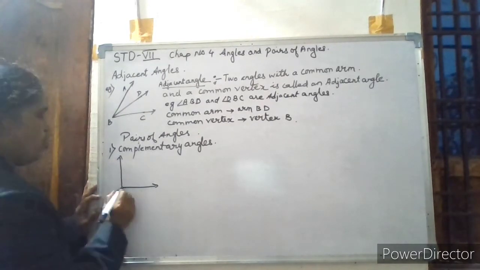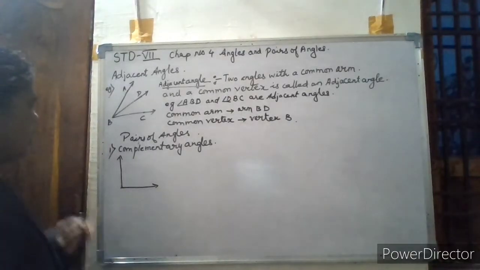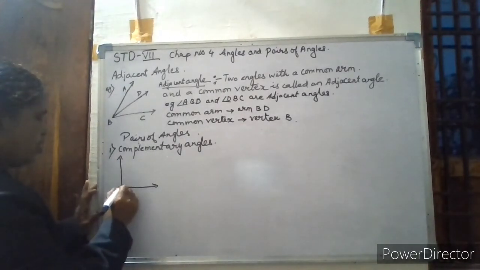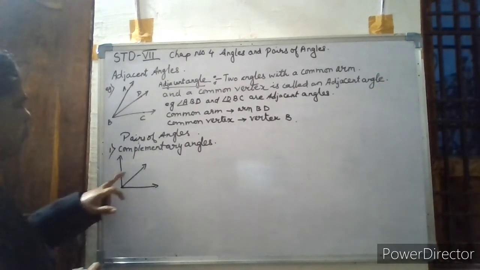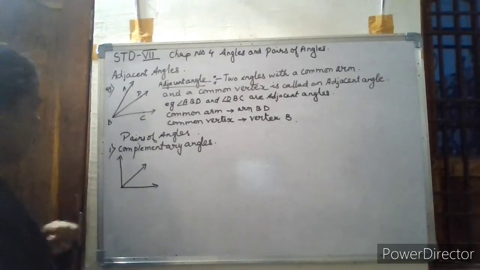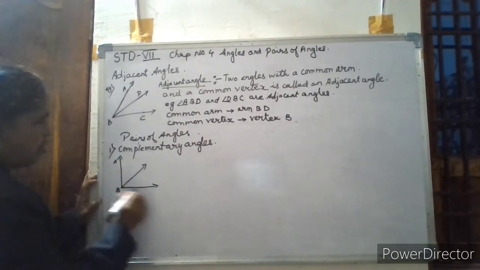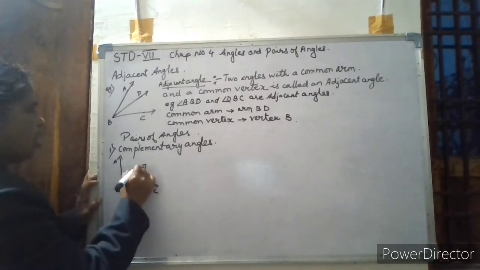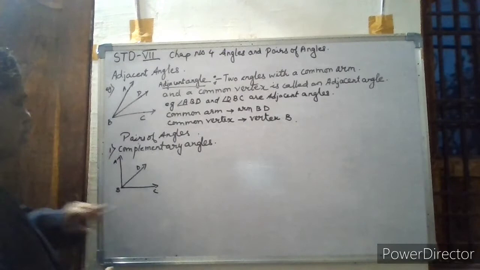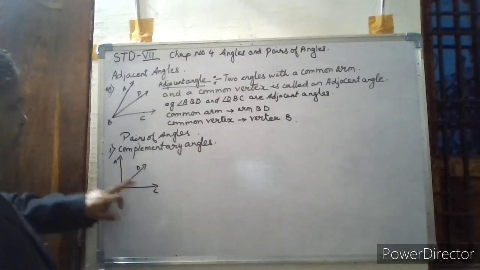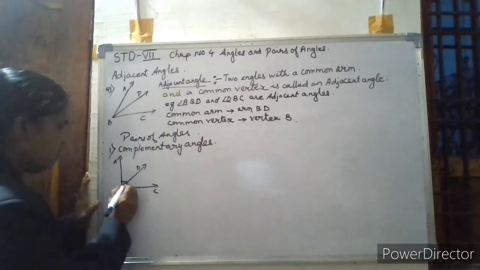You can see that this angle is an angle of 90 degrees. Now, I divide this angle into two parts. Suppose this is 45, this is 45. Angle ABC and this is D. Just like the adjacent angles, the sum of these two adjacent angles is 90 degrees.